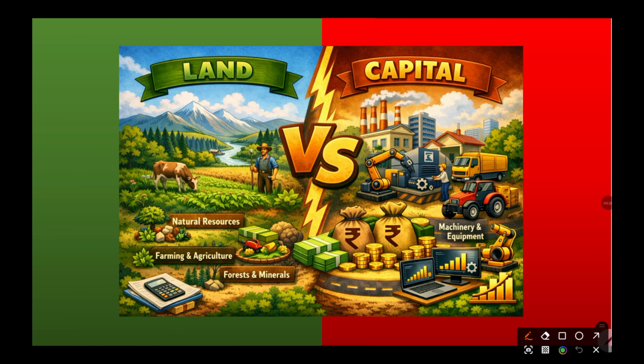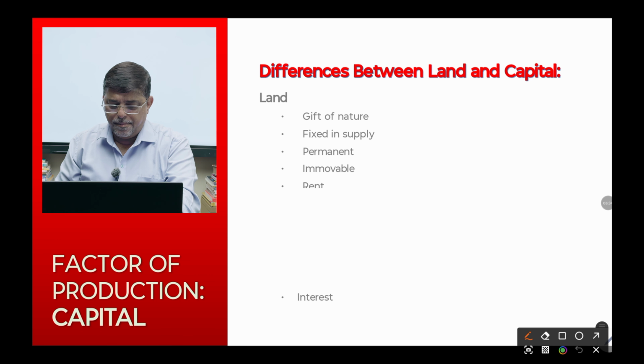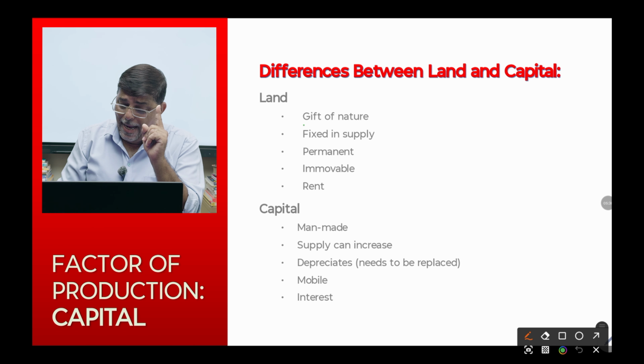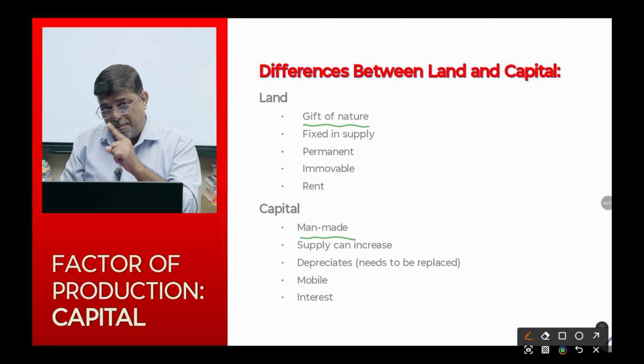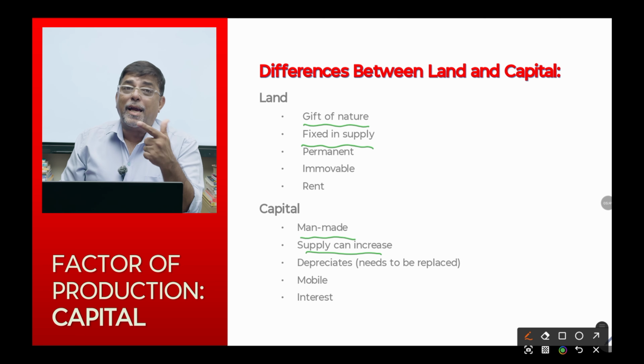Let us look at the difference between land and capital. Land is a free gift of nature, whereas capital is man made. Land is fixed in supply, whereas supply of capital can increase with the demand.